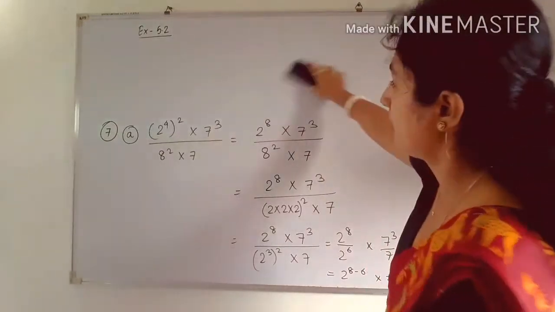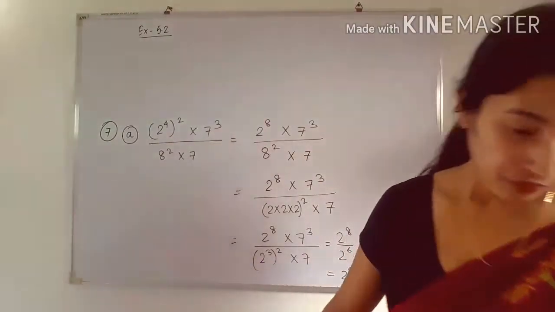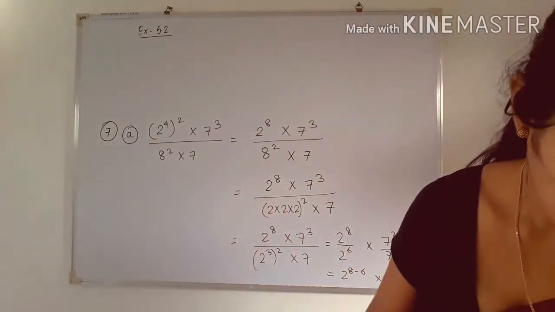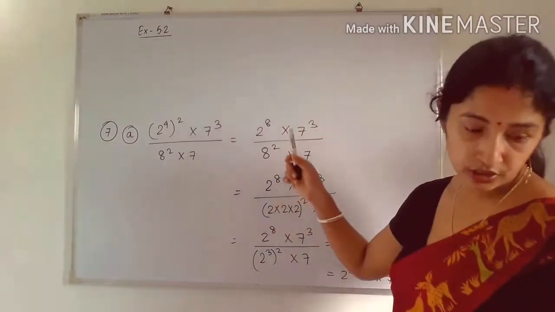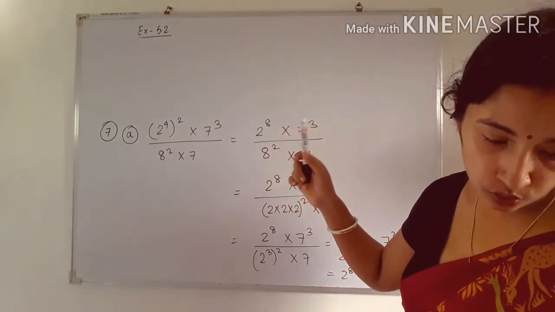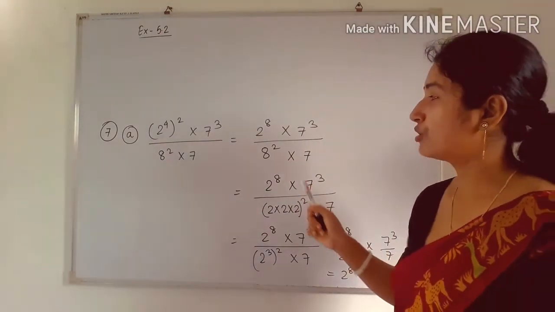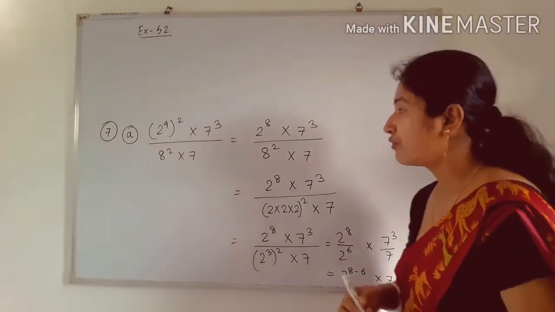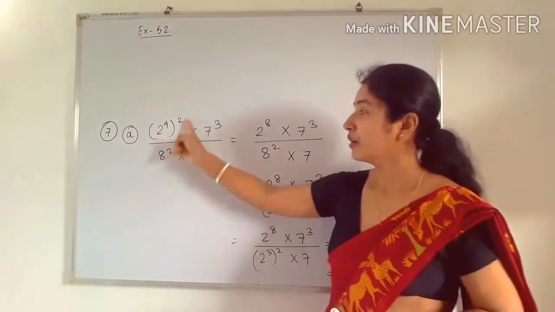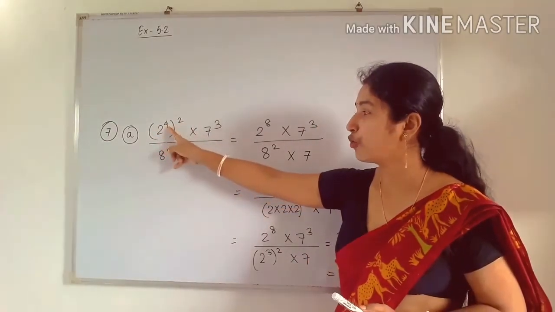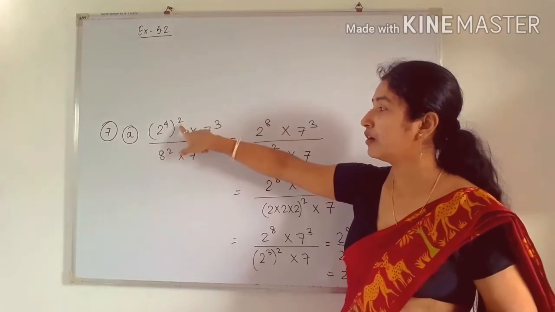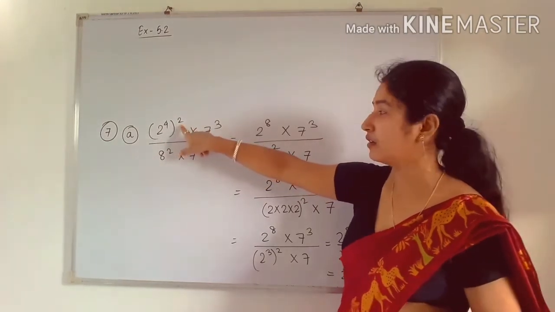So next come to question number 7. In 7 I am doing number A. In number A, the question is (2 to the power 4) whole to the power 2 into 7 cube by 8 square into 7. First of all, you can apply the law here. The exponent is 4, again whole to the power, one more exponent is there, that is 2.